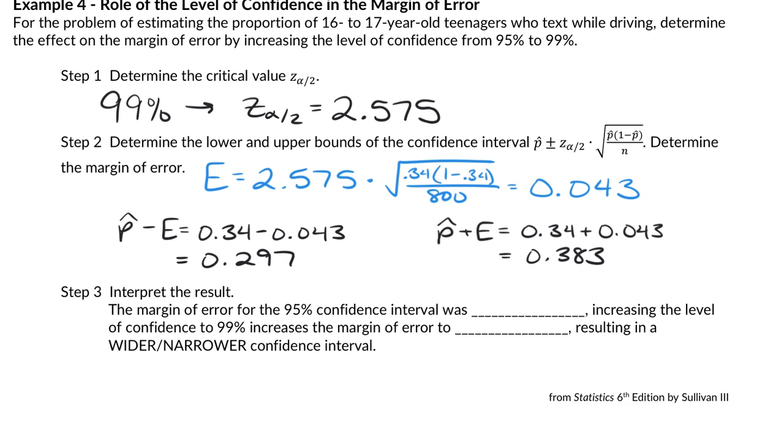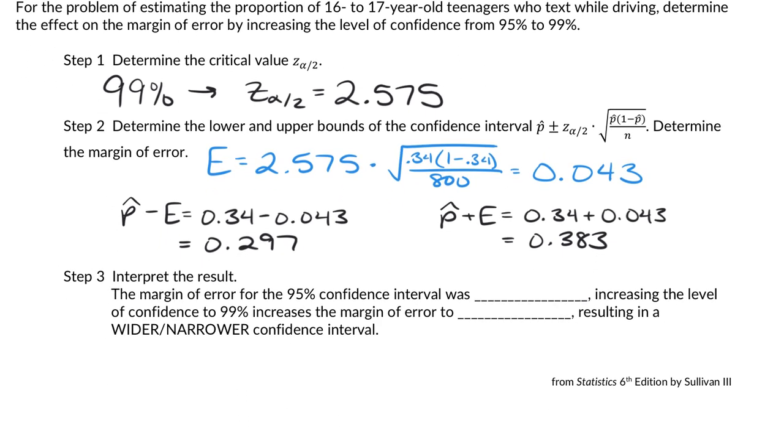Interesting. So our interpretation here is that the margin of error for a 95% confidence interval that we got in example 3 was 0.033. Increasing the confidence to 99% increases it to 0.043.